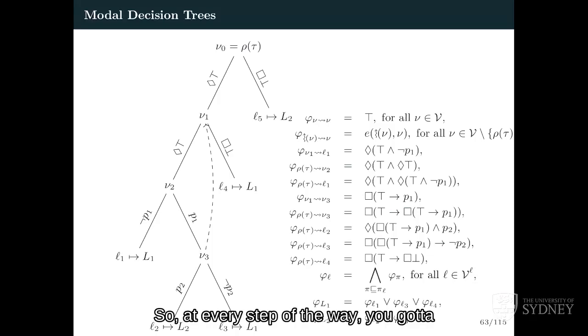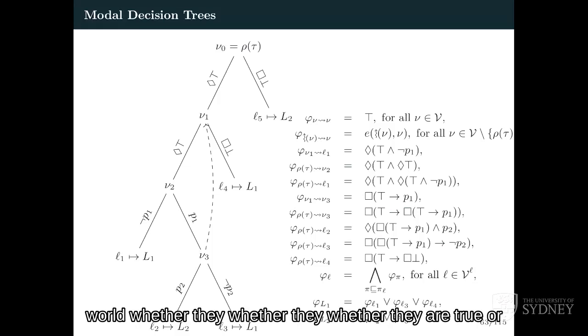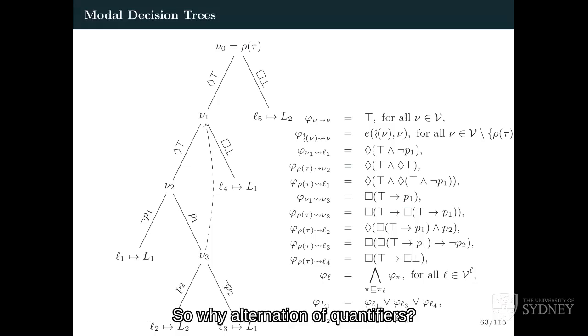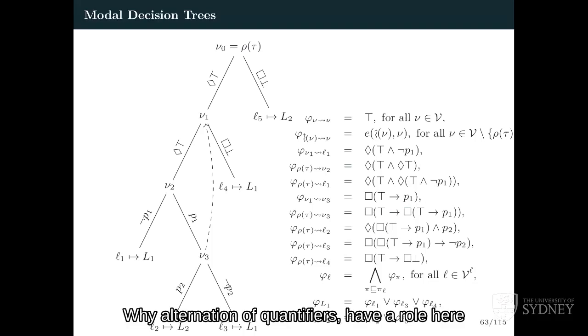So at every step of the way, you have to look at every world and label parts of your formula on the world, whether they are true or not. So why do alternations of quantifiers have a role here?